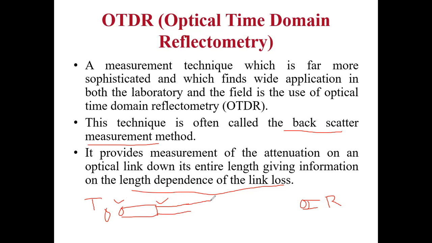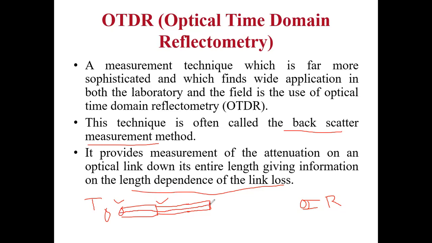Then if there is a bend, what we think is it works on the principle of backscattering. That means, suppose there is a cut in the fiber. When we are sending the light through the fiber, I'll show you the block diagram later on.